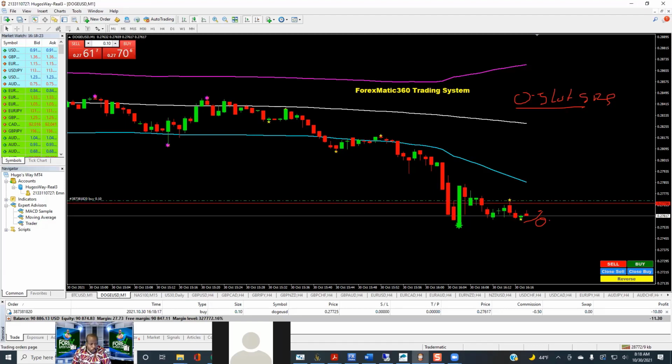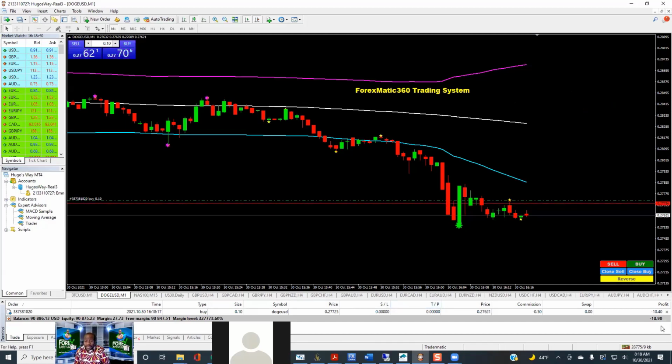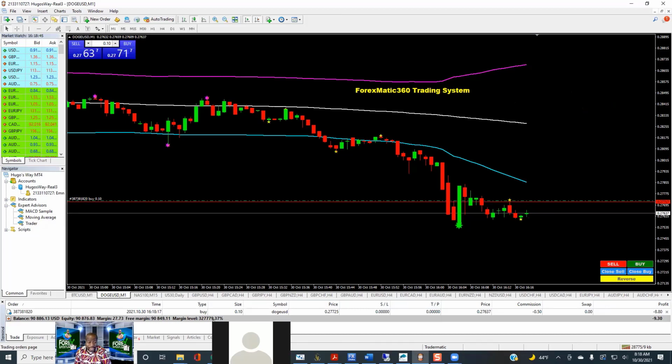Now, if you look, this is the margin that I'm using. This is a $90,000 account, and this is actually a live account. If you have a trade like this, ordinarily you can leave this trade and just go to sleep, because no matter how this trade moves, you know there's no way you can run down your account. I always focus on my margin level.